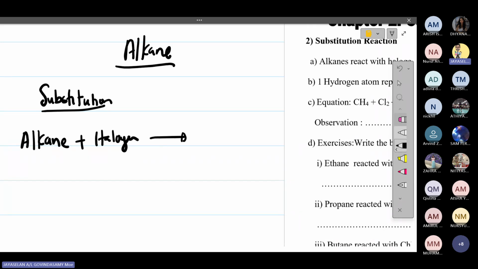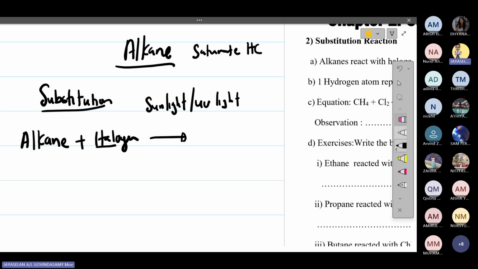If they ask why it is slow, because alkane is a saturated hydrocarbon, already stable. So we need a condition: you must have sunlight or UV light. Without sunlight or UV light, no reaction.